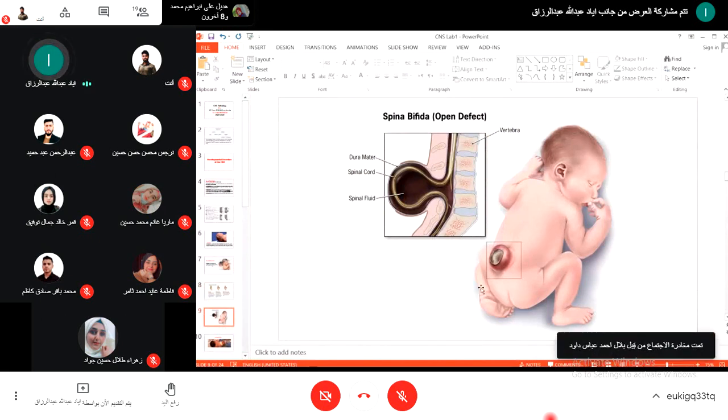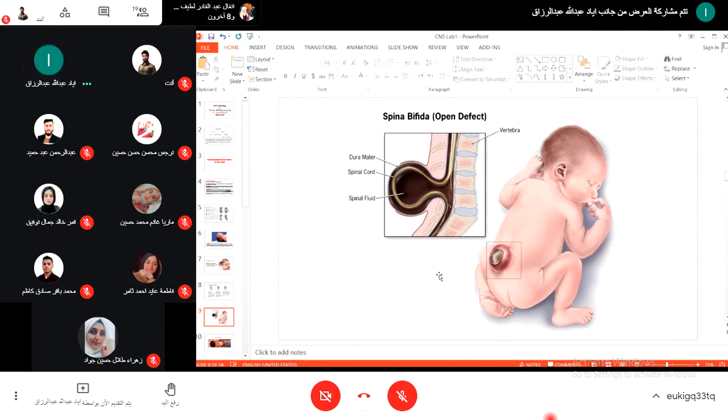This is another picture showing spina bifida. Here there is a sketch showing how the defect looks in the vertebral arch, associated with herniation of the meninges and the spinal cord.